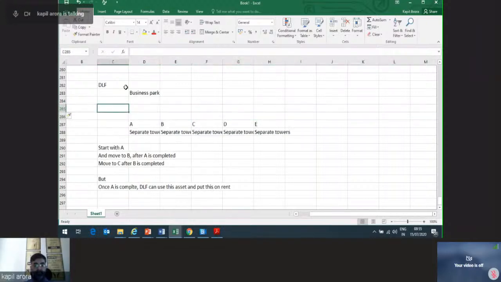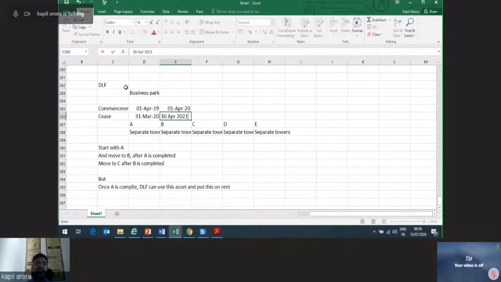For example, let's say my asset started on 1st April 19. This was completed on, let's assume, 31st March 2020. This was started 1st April 20, completed 30th April 2021.